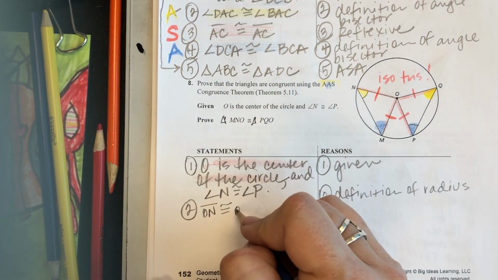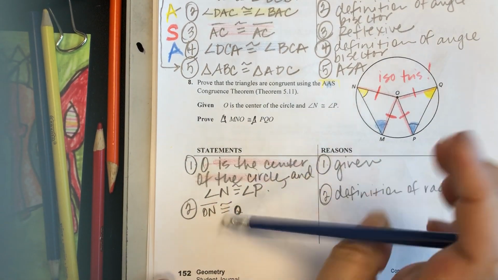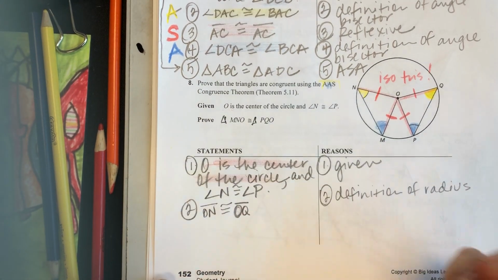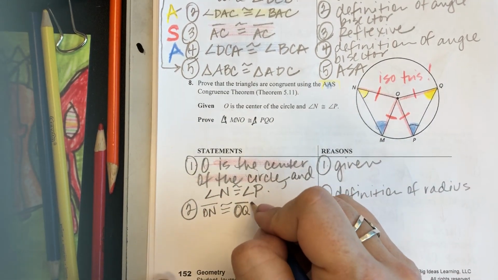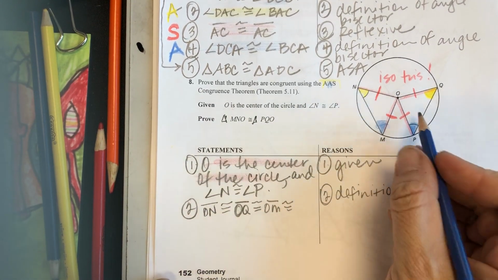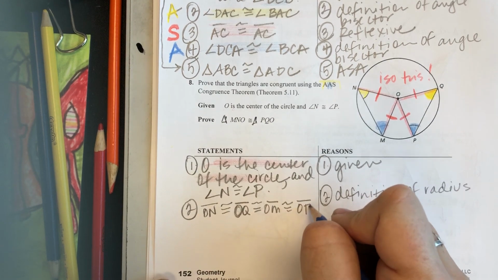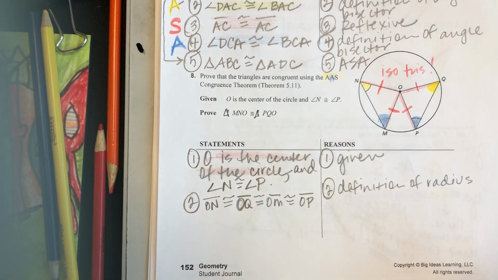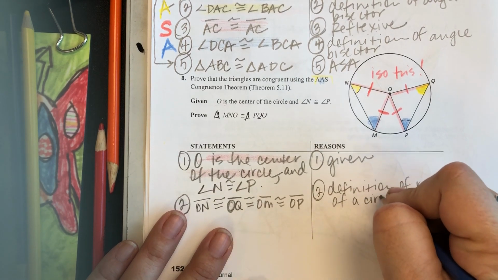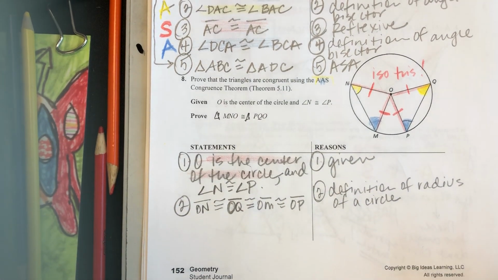ON, OQ is congruent to OM, and that's also congruent to OP. So by the definition of the radius of a circle, if we're given a circle, all the radii are the same.